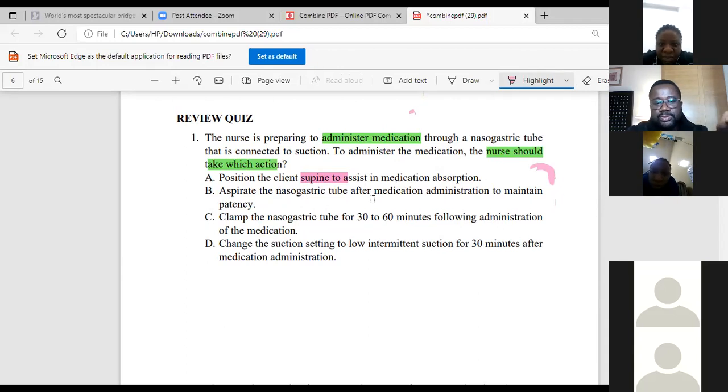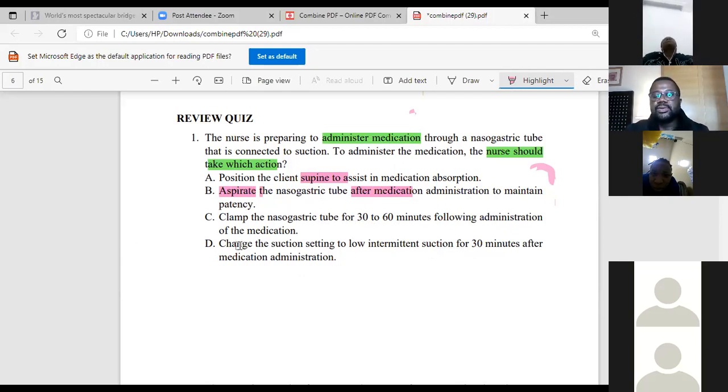Aspirate the nasogastric tube after medication. C, clamp the nasogastric tube for 30 to 60 minutes following administration of the medication. D, change the suction setting to low intermittent suction for 30 minutes after medication administration. Okay, let's go back to the question.